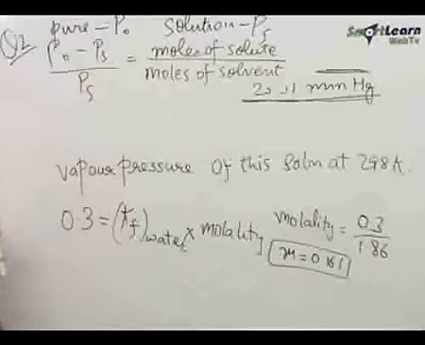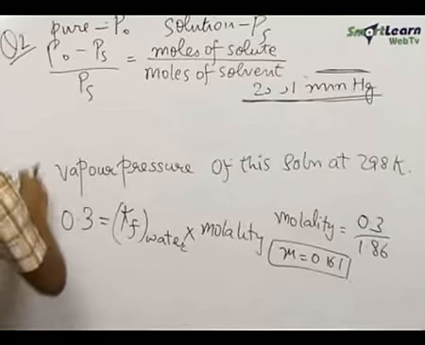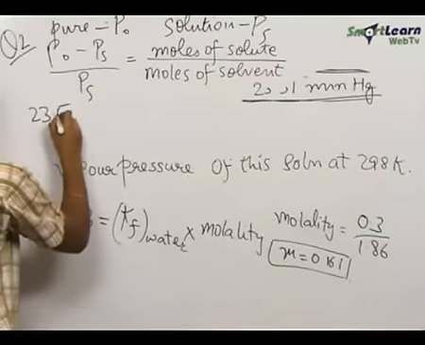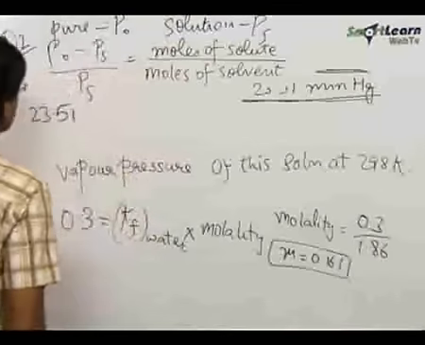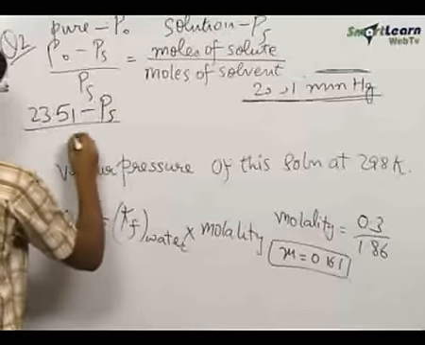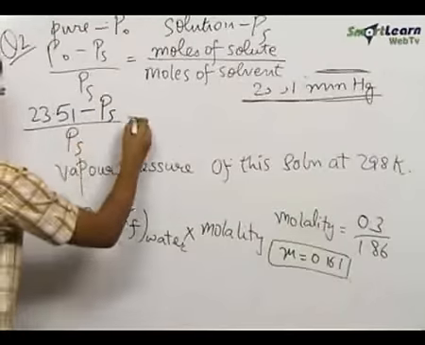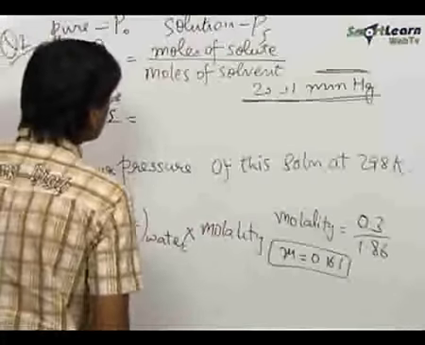On putting the values in this formula, we know that P naught is equal to 23.51, which is given in the problem, that the vapor pressure of pure solvent water is 23.51 millimeters of mercury. We want to find the new vapor pressure Ps. (P naught minus Ps) divided by Ps is equal to moles of solute divided by moles of solvent.